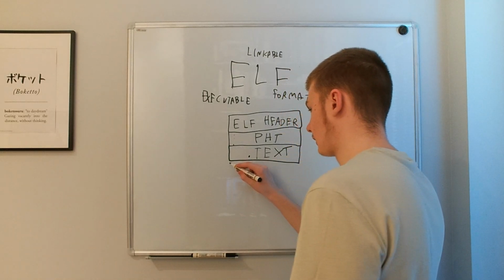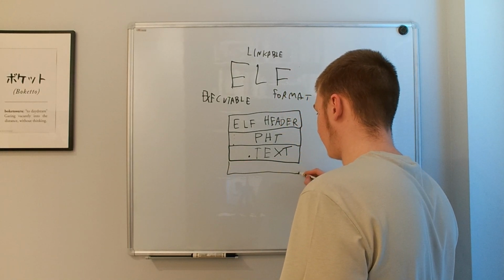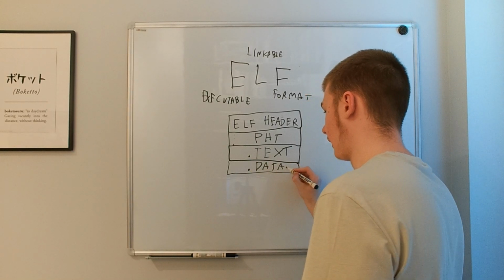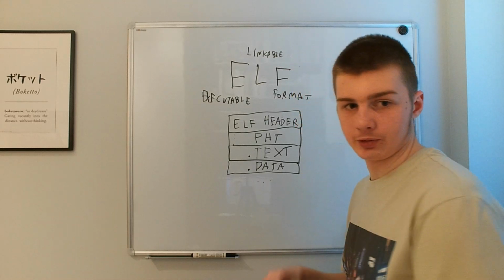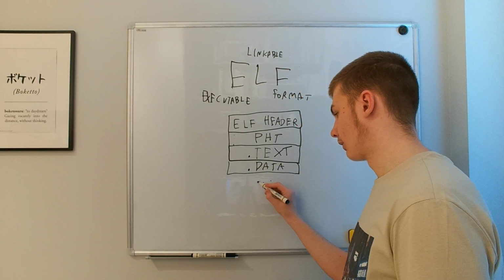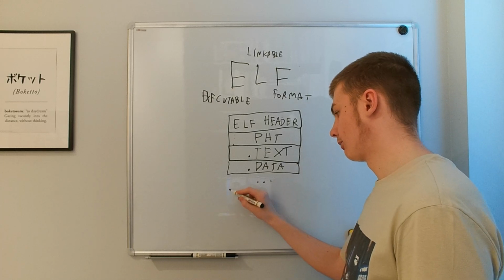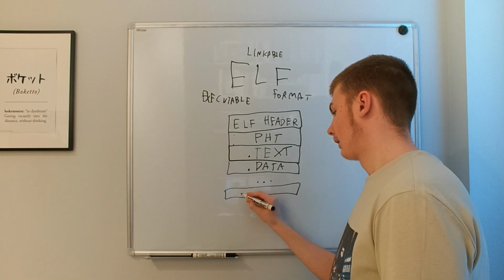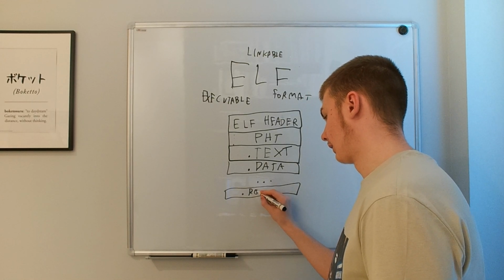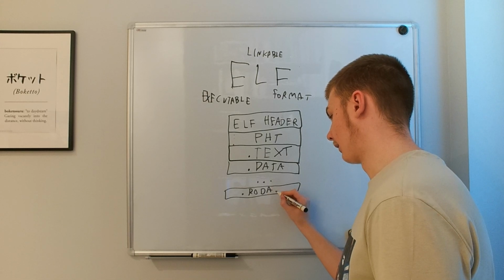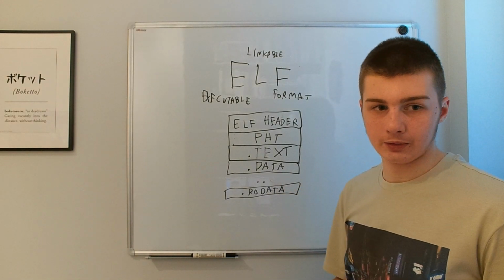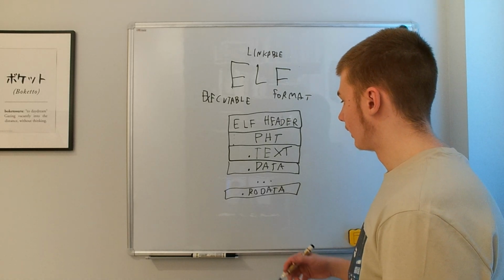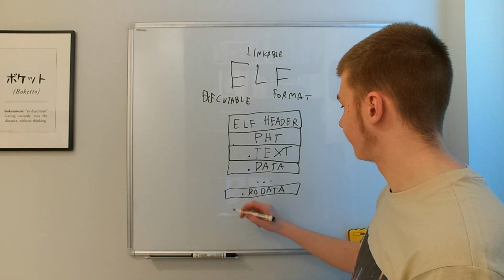You can encounter some other sections, for example, .data. And you can have those different ELF sections. There isn't a fixed number of them in every ELF file. I can add one more: RO data, so read-only data, that is another valid ELF section.